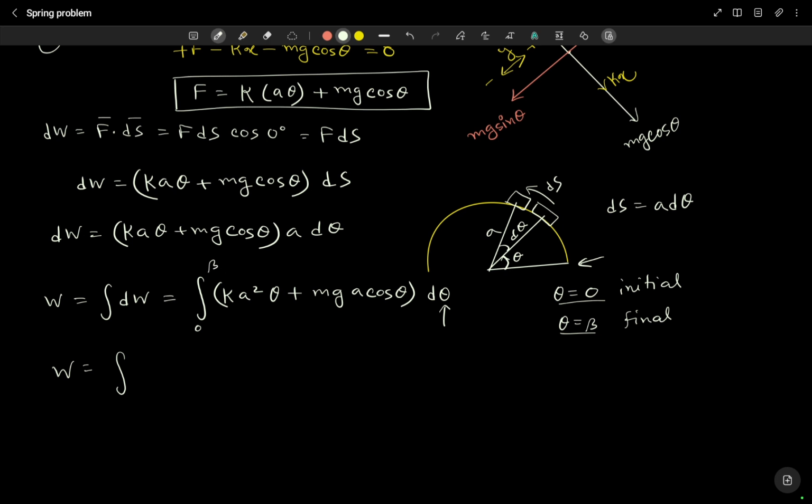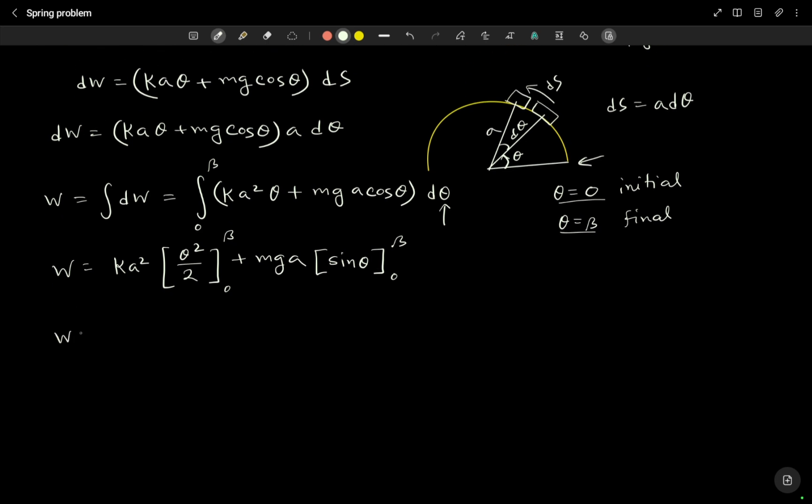Then if we integrate, I will directly give the integration result. k a squared will come out of the integration, and theta will integrate to theta squared divided by 2, plus mga, all of these are constants, and cos theta can be integrated to sine theta, with the bounds 0 to beta.